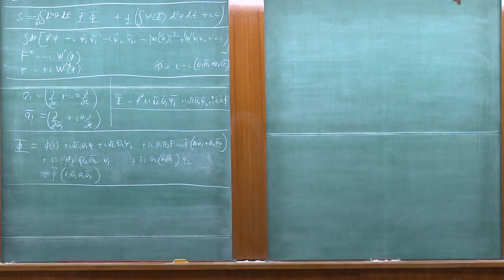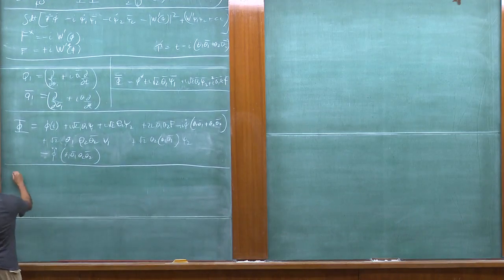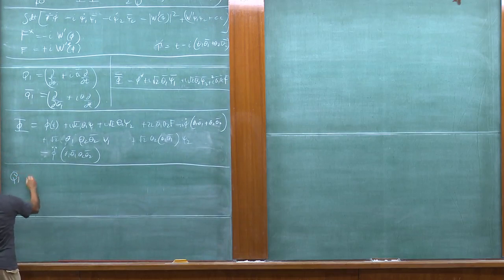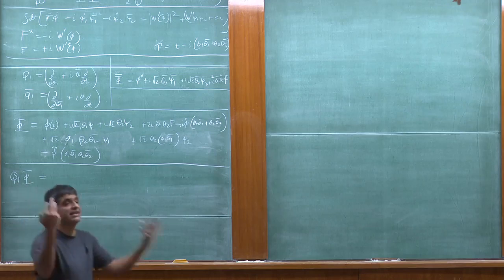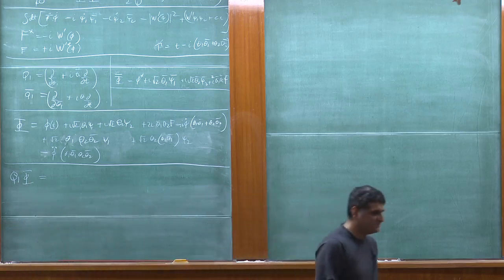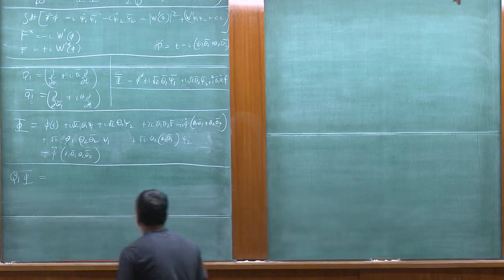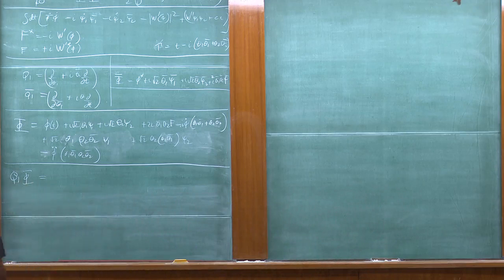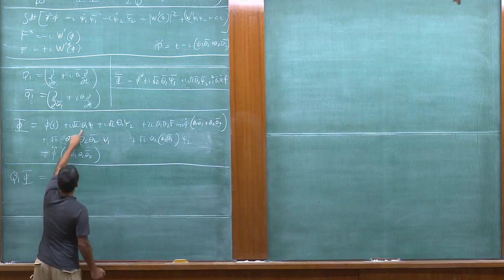Now, the next step what we're going to do is take Q1 and act on phi and see what we get. Okay, so suppose we take Q1 and act on phi. What do we get? Well, first let's take the terms that were del by del theta 1. So the terms that were del by del theta 1, all we have to do is look at this and act.